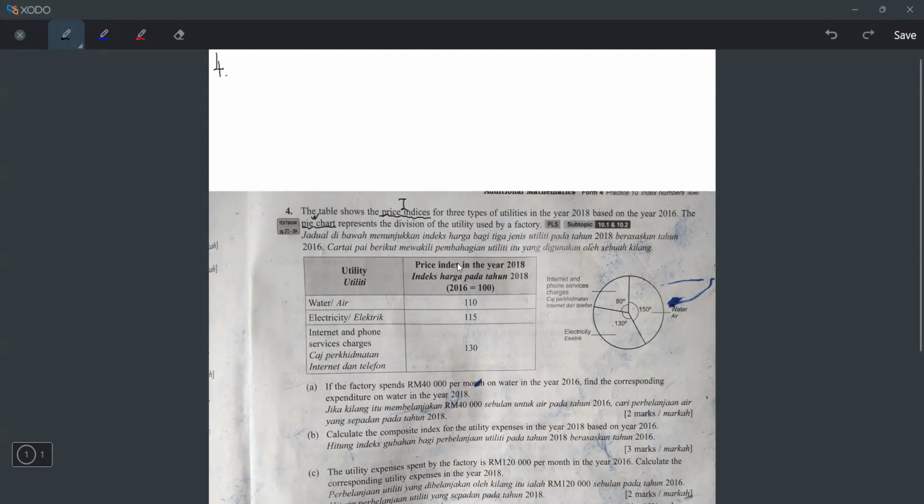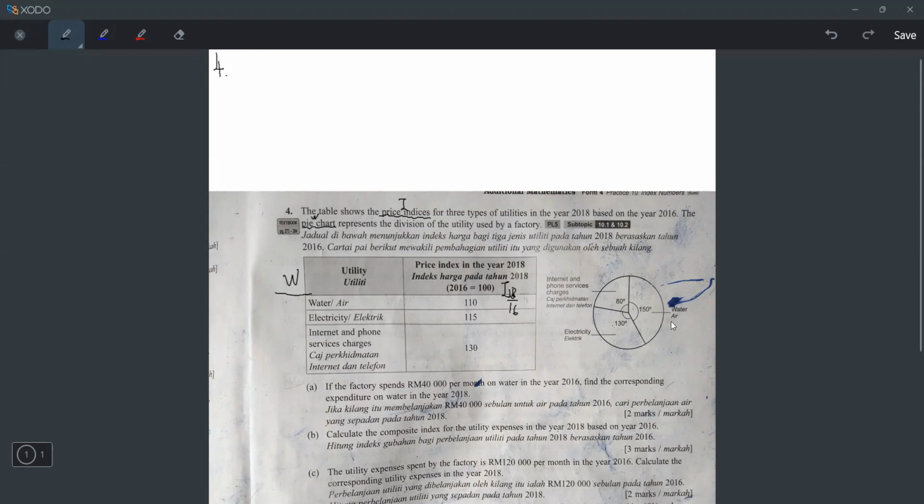And then this they say is a price index, so I should label it. Let's say I write here. So the I for 18 based on 16, right? Means 18 on top, 16 at the bottom. And then what is this pie chart? This is the weightage. So what I will do is add one column for weightage. You can add here also, but the space here is smaller, so I add here.